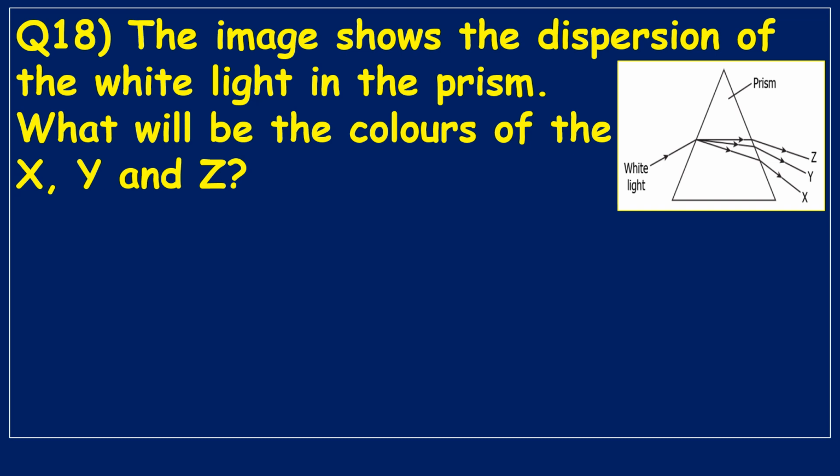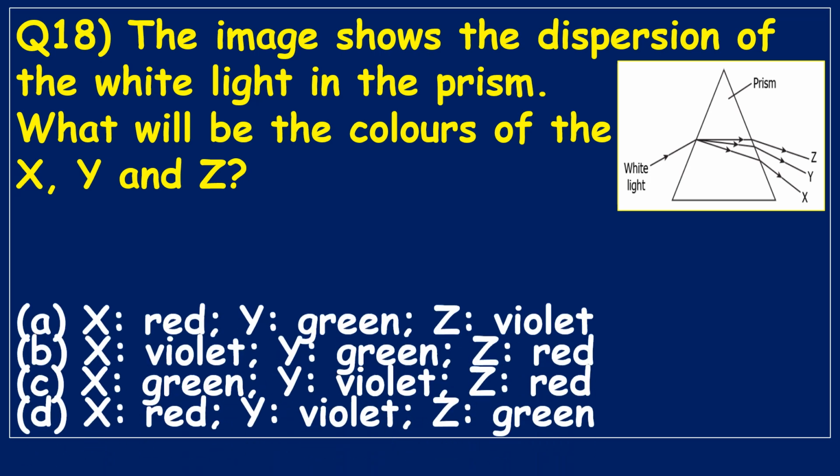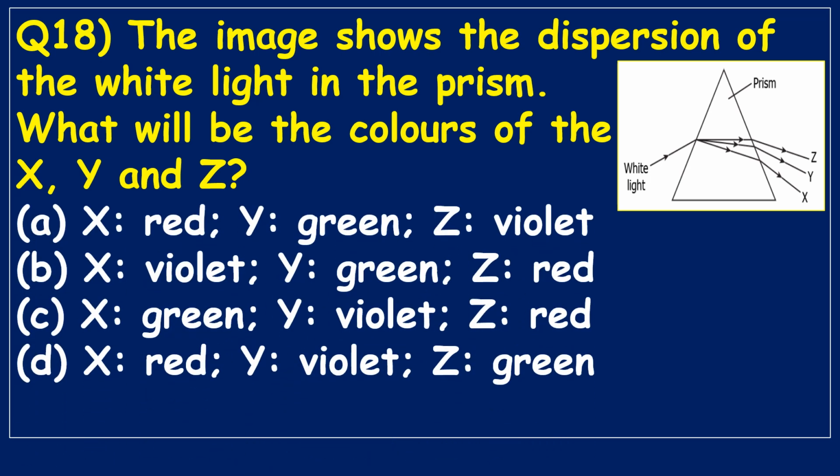When light passes through a glass prism which is kept normal, the topmost color is red color and the lowest color is violet color. Right? So option A, X is red, Y is green, Z is violet.